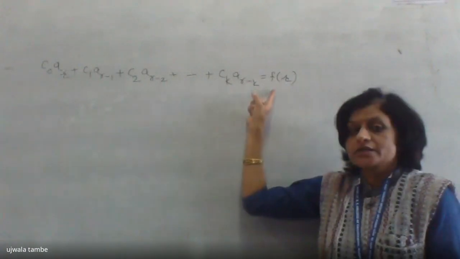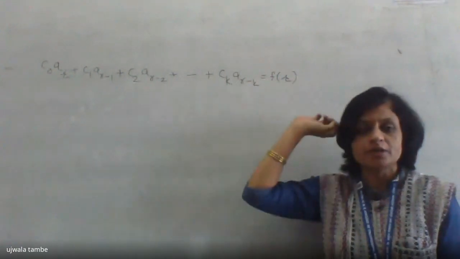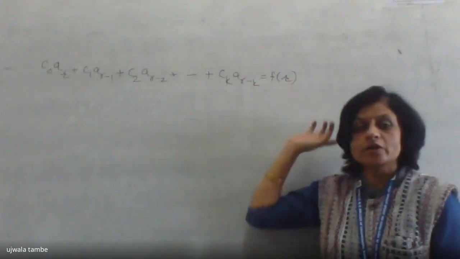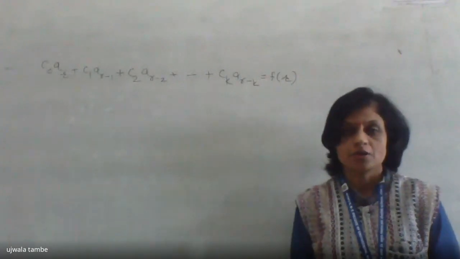F of r contains r or a constant term. Homogeneous means f of r is 0, and f of r not equal to 0 is known as a non-homogeneous recurrence relation.